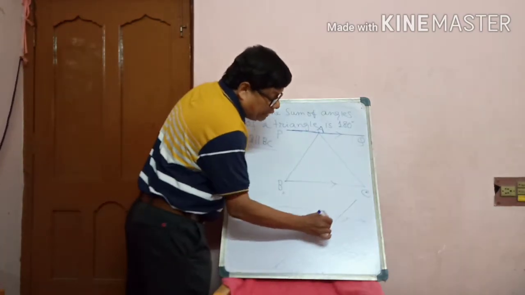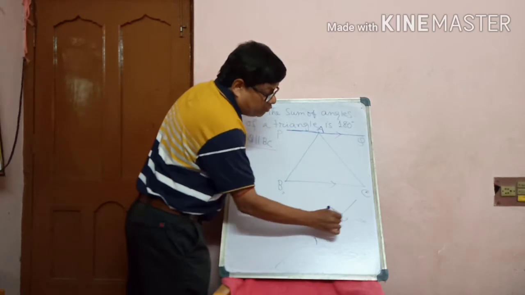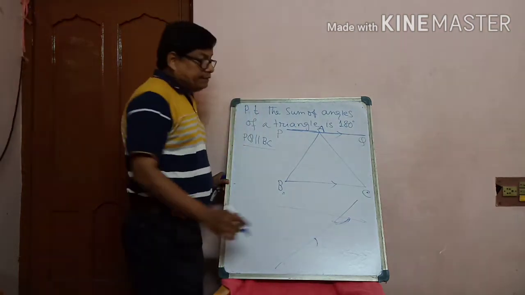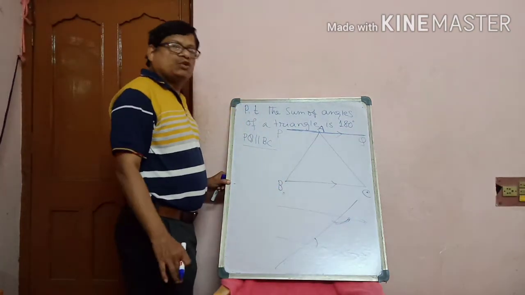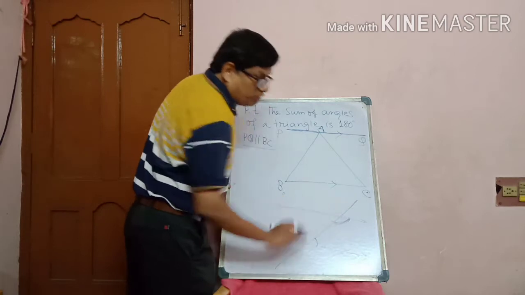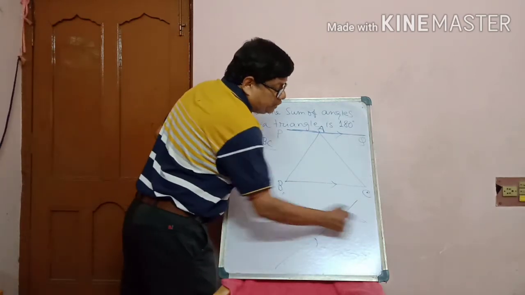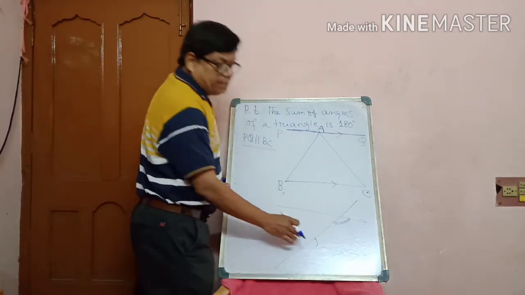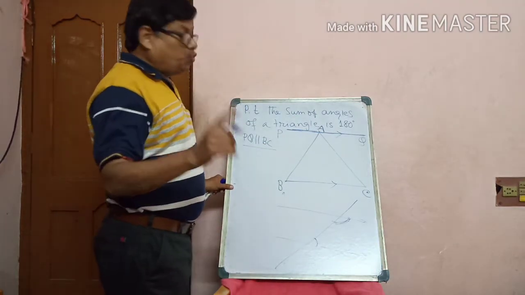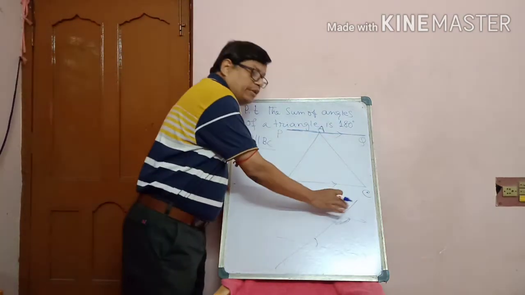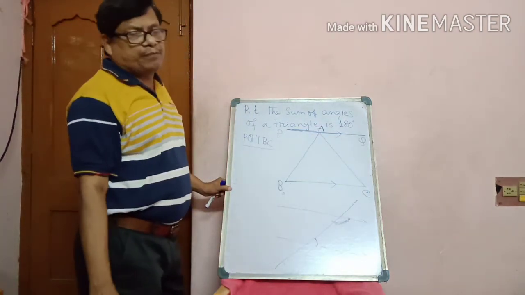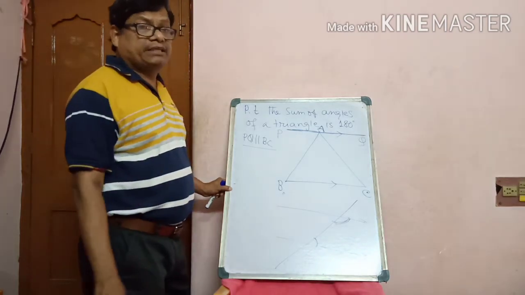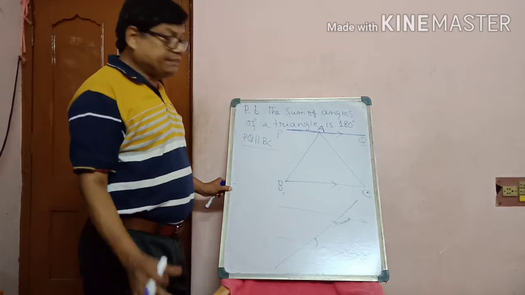If these two angles sum to 180 degree, then these two lines are parallel. If alternate angles are equal, then two lines are parallel. If corresponding angles are equal, then lines are parallel. If sum of the co-interior angle is 180 degree. This is the condition.